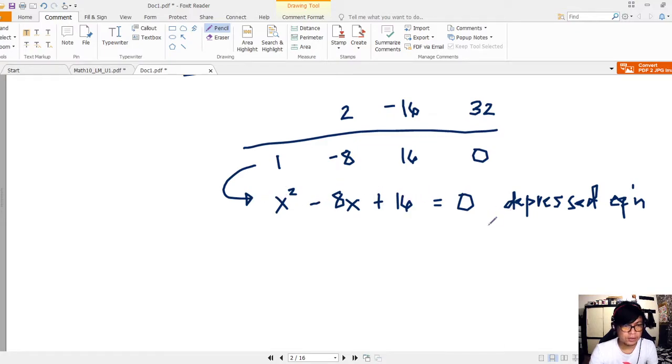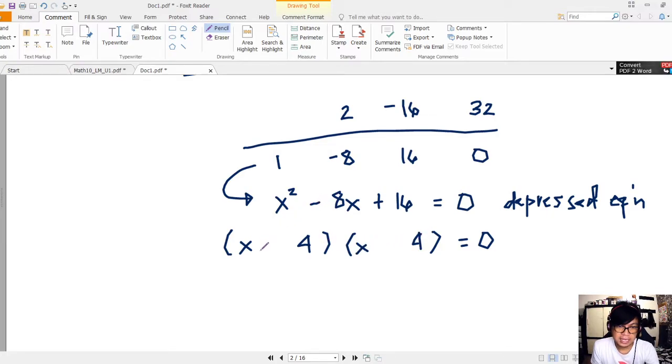So, if we're going to factor this out, ano yung factors ng 16 that will give you a sum of negative 8? So, pwede siyang 4 times 4. Diba? So, ibig sabihin, x, x, tapos 4 and 4.